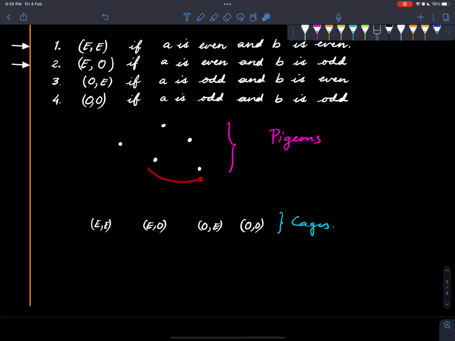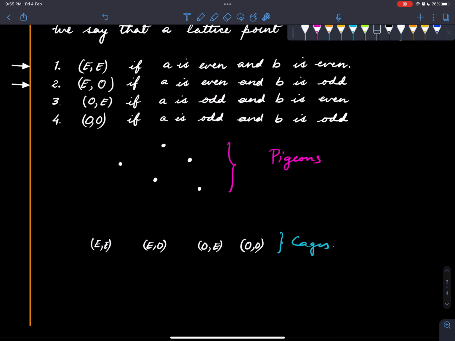But what does that mean? It means that there are 2 points such that, just for concreteness, let's say both of these go in this particular cage. Then the first entry of this and the first entry of that are both even, and the second entry of this and the second entry of that are both odd.